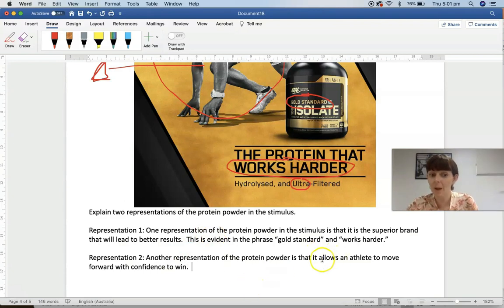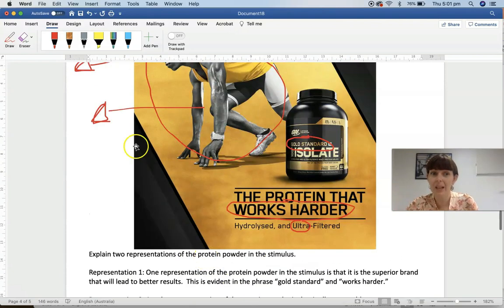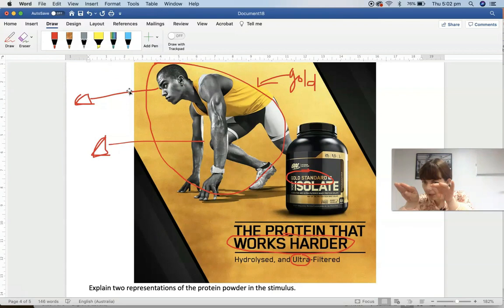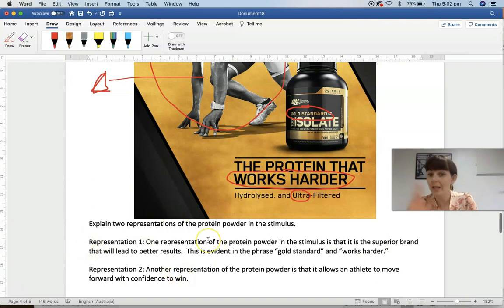Very cool. I'm actually hinting at that thing I pulled out there of his eyes and his body moving forward. Great. So I've got two representations and then I would answer my next questions.